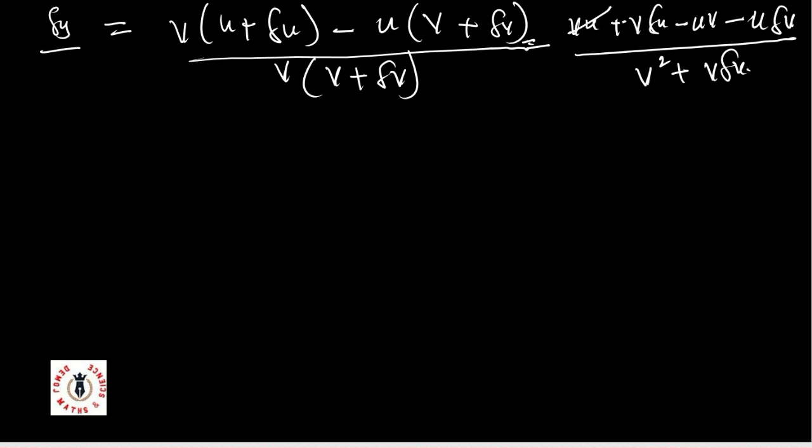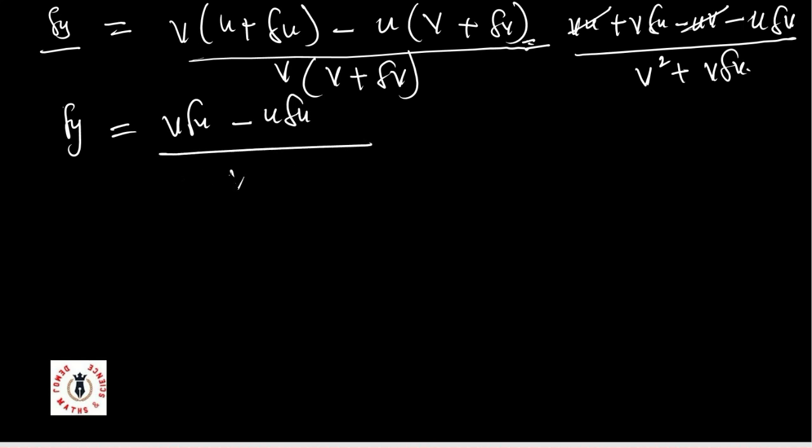Obviously, I have vu here, I have vu here. It's the same thing. Then my delta y will be left with v delta u minus u delta v all over v squared plus v delta v. Now the next thing is to divide both sides by delta x.